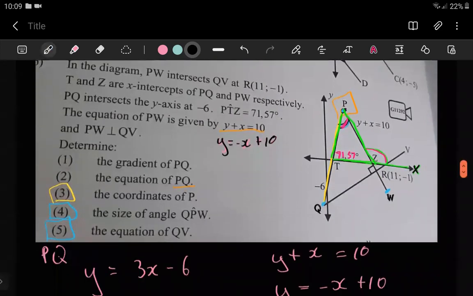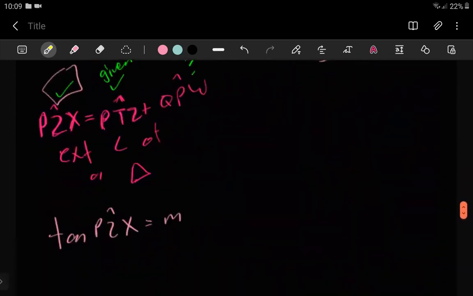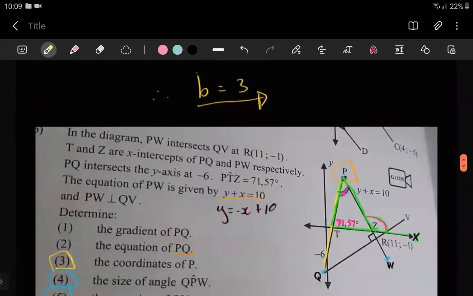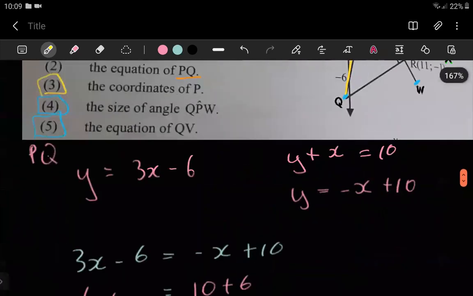If the gradient is -1, when we get an angle of inclination, always make sure that we get a reference angle first, because a reference angle helps us logically see what this angle could possibly be, because it's an obtuse angle.